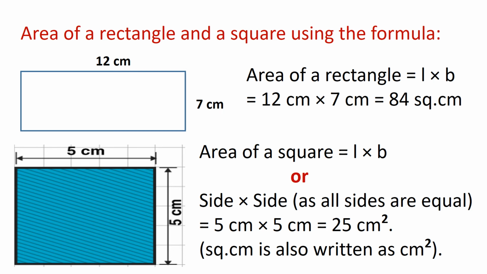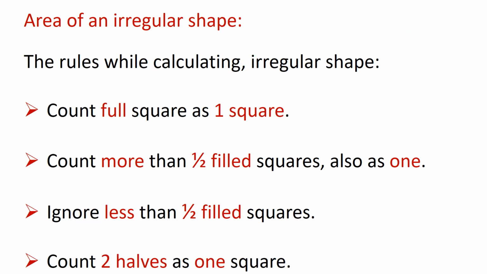So here it is 5 centimeter into 5 centimeter, which is equal to 25 square centimeter. So the area of the given rectangle is 84 square centimeter and the area of the given square is 25 square centimeter. Let us now calculate the area of an irregular shape.